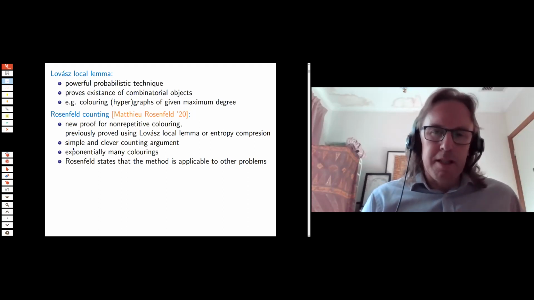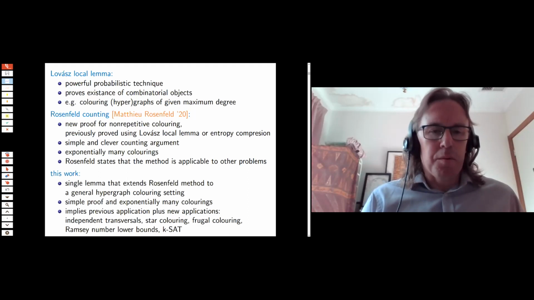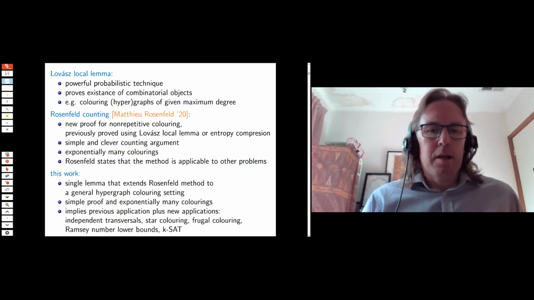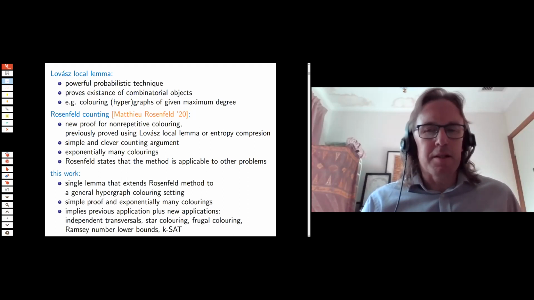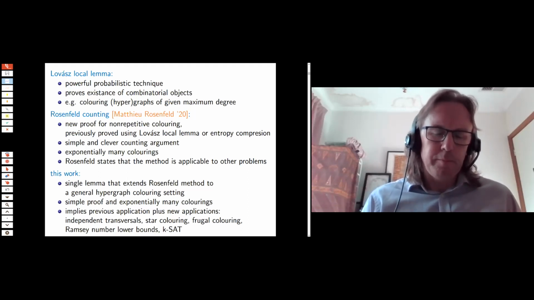So what I'd like to do in today's talk, and this is my joint work with Ian Wanless, is to give a single lemma that extends the Rosenfeld method into a general hypergraph coloring setting. And basically, it's exactly the same proof as the Rosenfeld proof for non-repetitive coloring, but it's in a more abstract and more widely applicable setting.